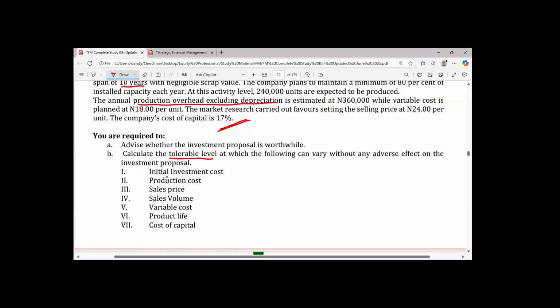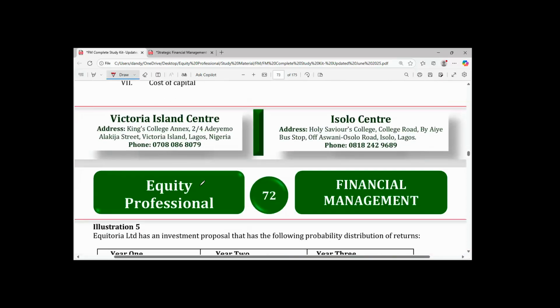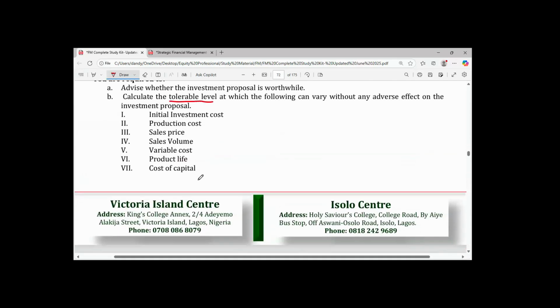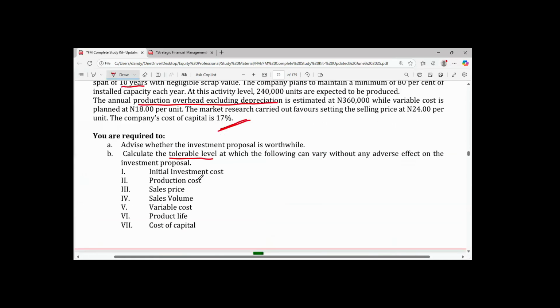Variable cost. 6. Product life. And then 7. Cost of capital. All right. So that is the question. Number A, you have to evaluate the project. You need to consider whether the project is financially viable by calculating NPV. Okay, so we are going to calculate the net present value in the A requirement.